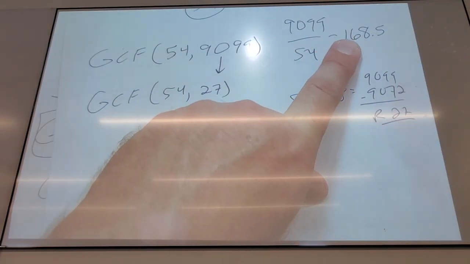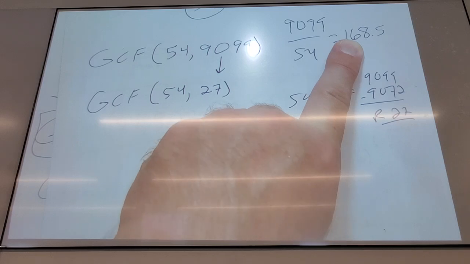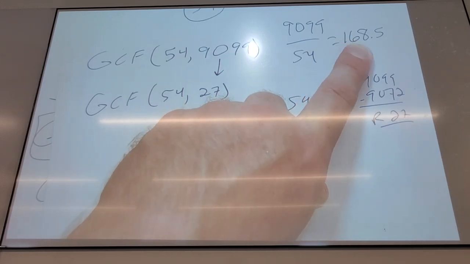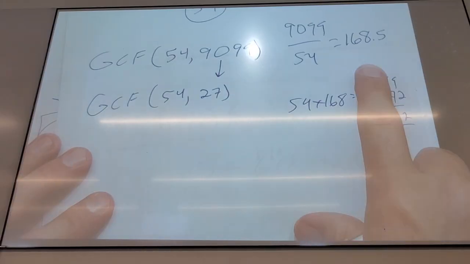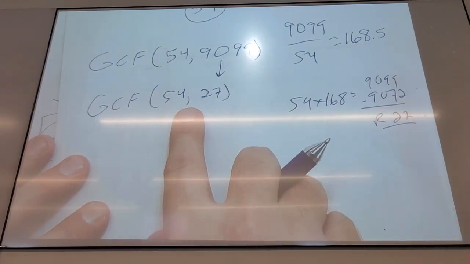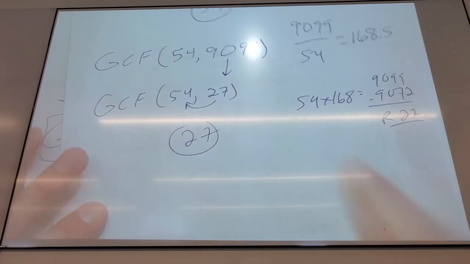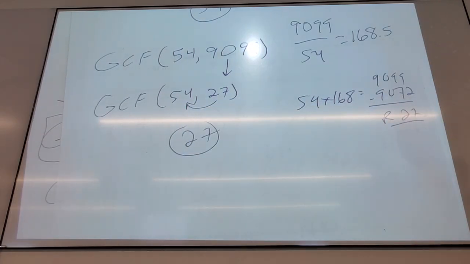I would have gone insane around the 50th time, in the corner here, babbling to myself. And what would be left over is 27. What's the GCF of 54 and 27? Well, it's 27 because 27 goes into 54.